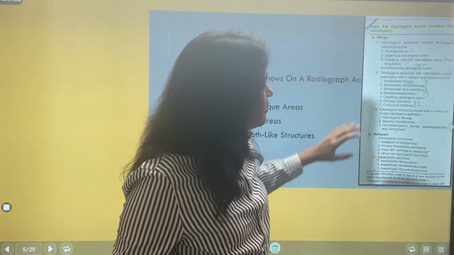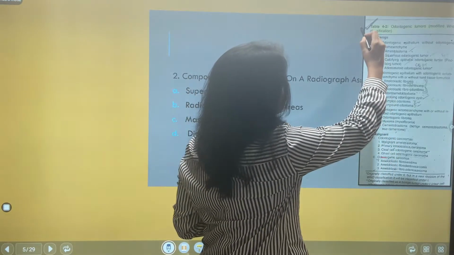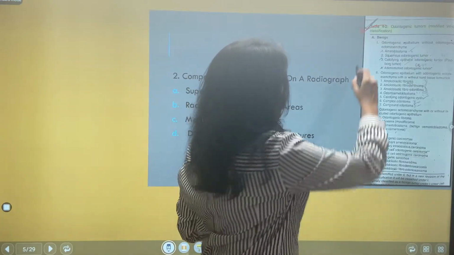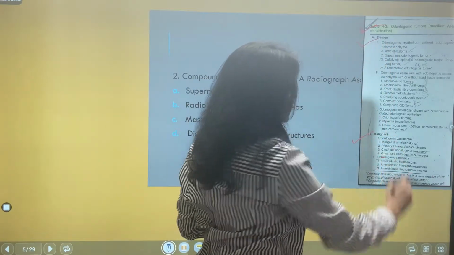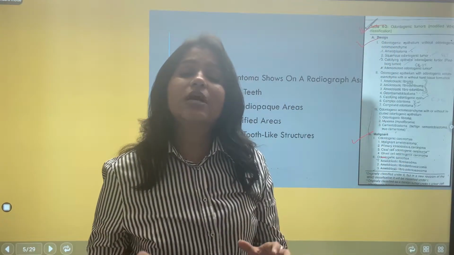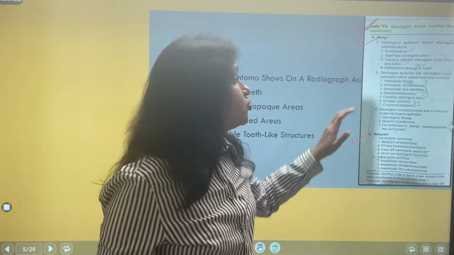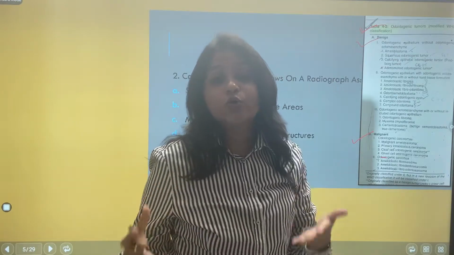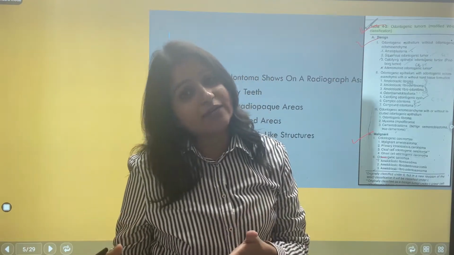So if I just brief you the odontogenic tumor classification, it is divided into two parts: benign tumors and malignant tumors. In benign tumors, now there are three categories. Tumors that originate from odontogenic epithelium without the odontogenic ectomesenchyme or the connective tissue.